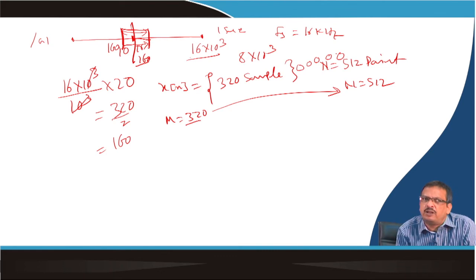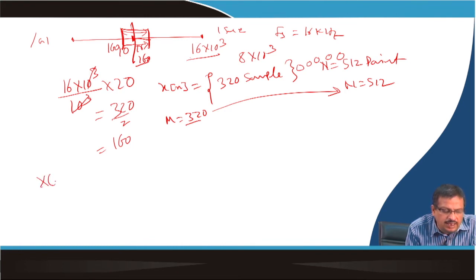Now I write the C program and compute the DFT. Once I compute the DFT, I get X of k. So X of k has values from the 0th sample, X of 0 to X of 511.